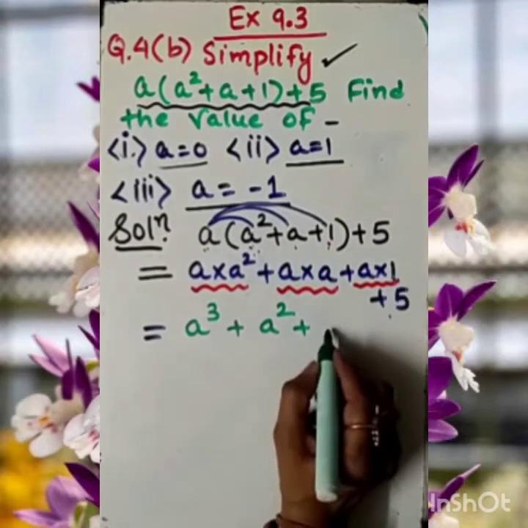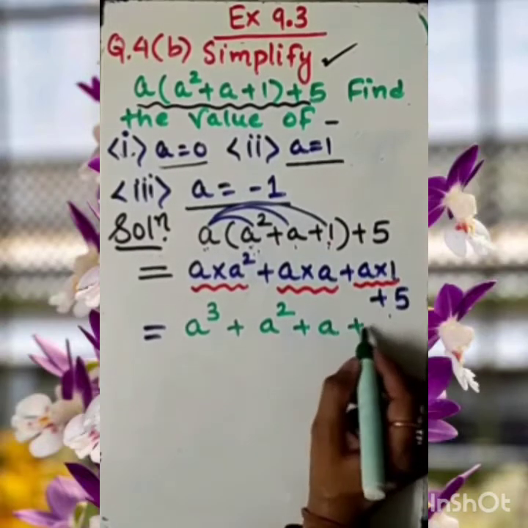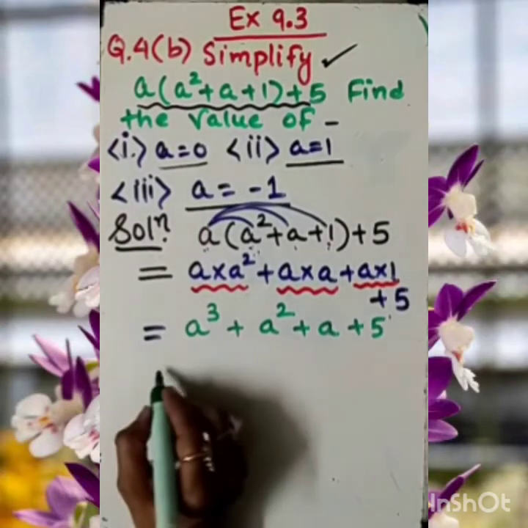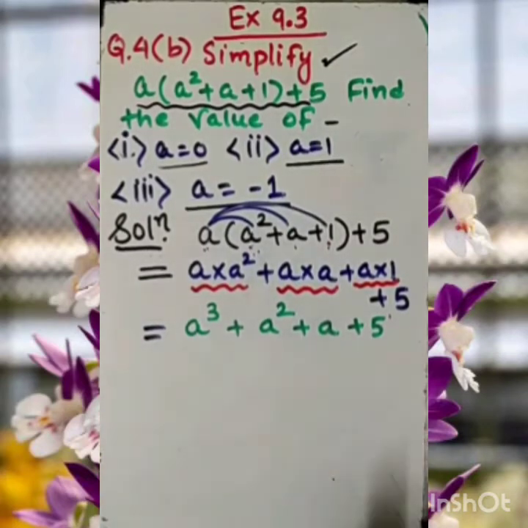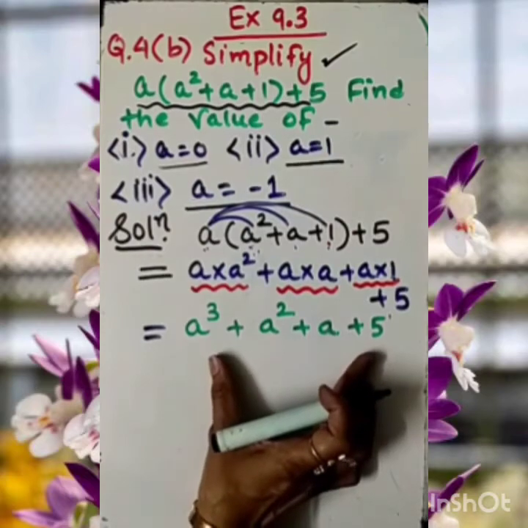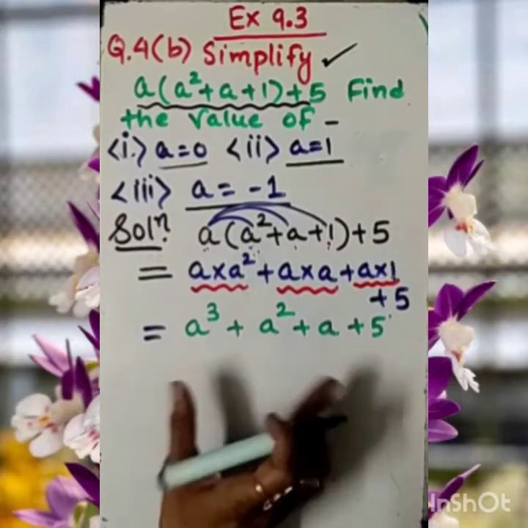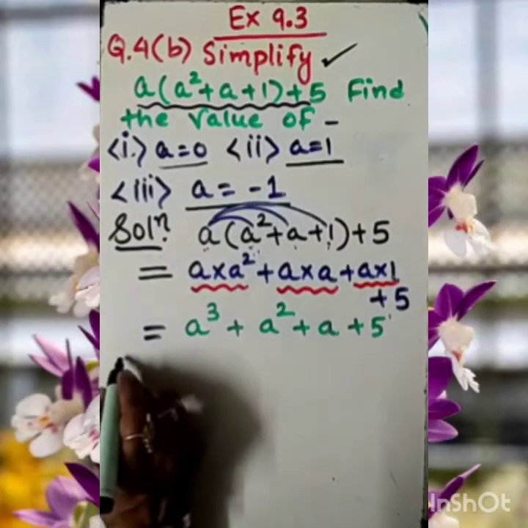A into 1 gives a, and this is 5. So this is the simplification, the expression we were given, written in simplified form.